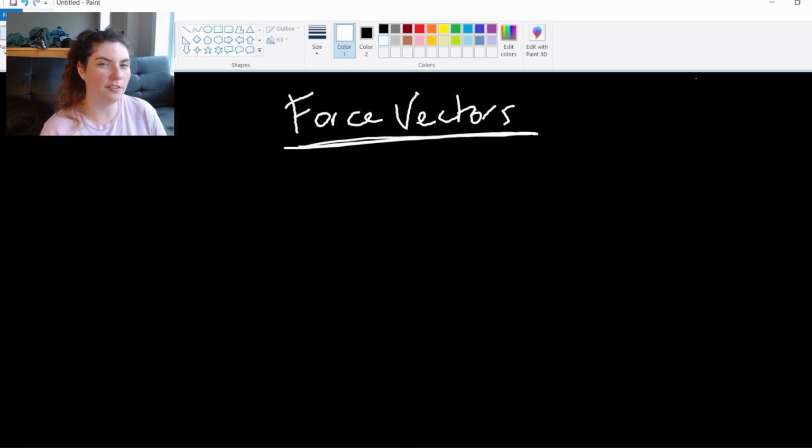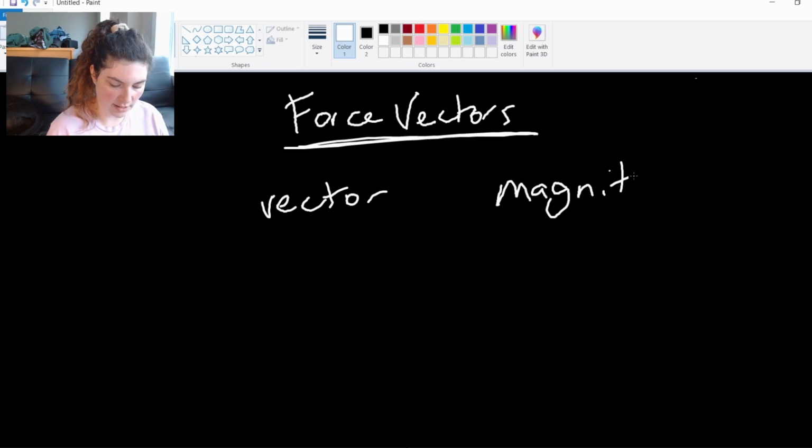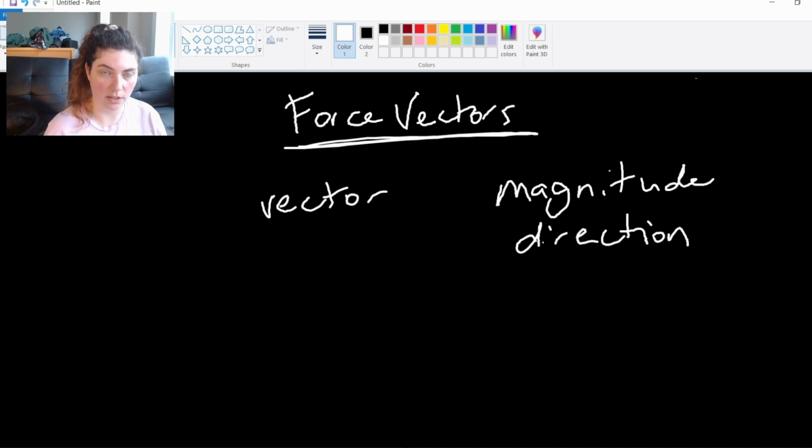So now what about the vector portion of this? What is a vector? A vector is a quantity that has a magnitude and a direction. So we saw this in Physics 1 when we would talk about displacement, velocity, acceleration.